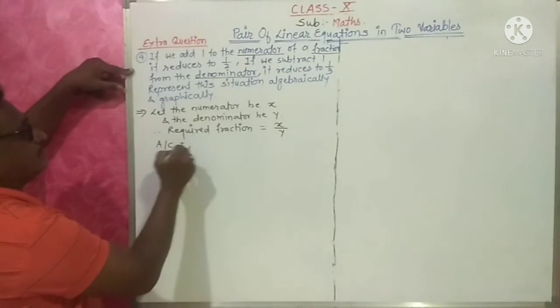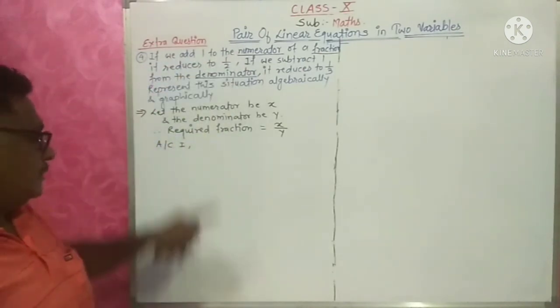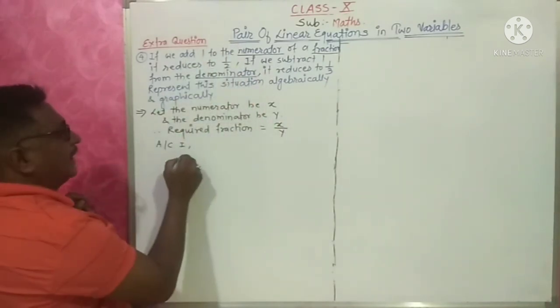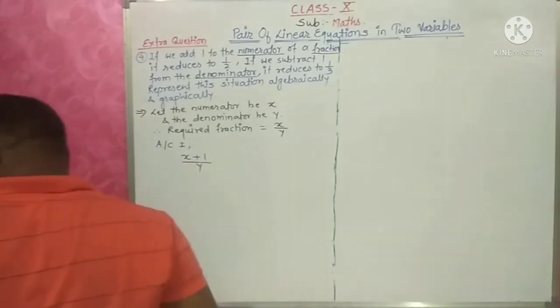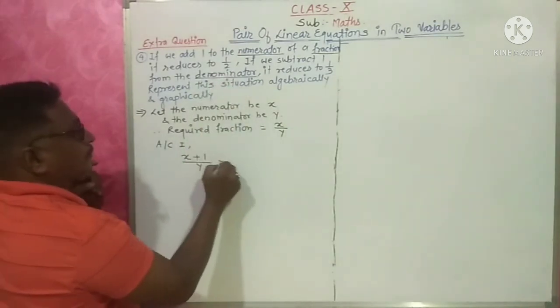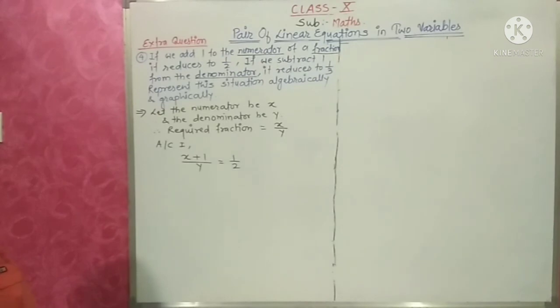Now we will come to the first condition. According to condition 1: if we add 1 to the numerator. What is the numerator? x. If we add 1, so x plus 1 by y. So it reduces to 1 by 2. So what will we get? 1 by 2 we will get.